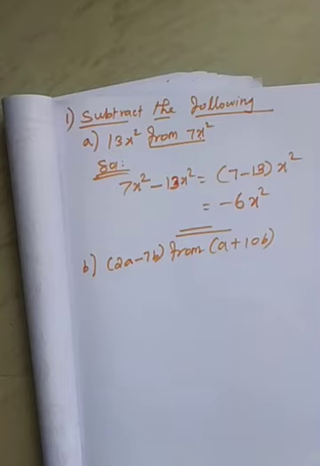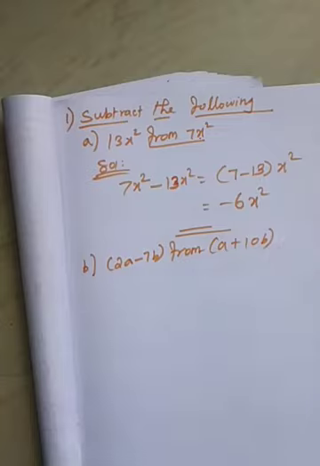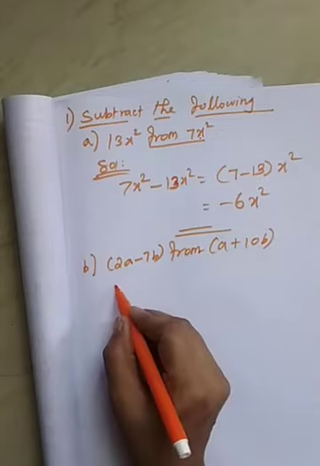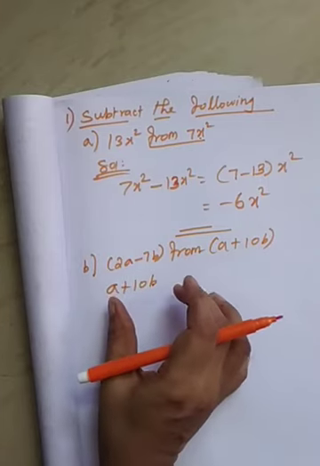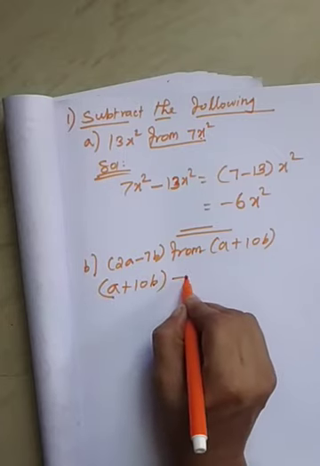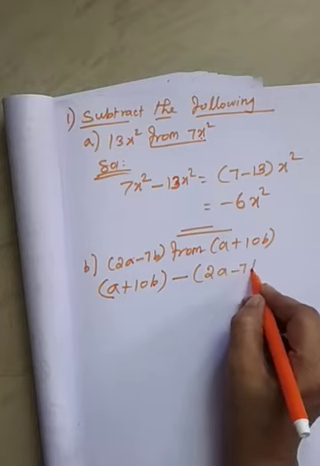Okay. Everybody know, when from expressions come, you have to take that value first. So write a plus 10b. The two terms will appear, so you have to put the minus bracket. After that write the second expression, 2a minus 7b.